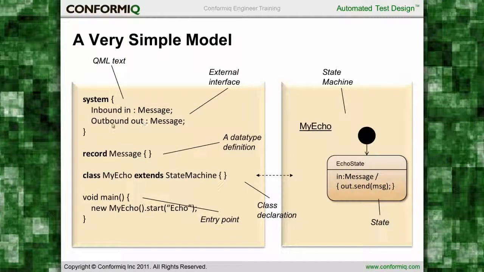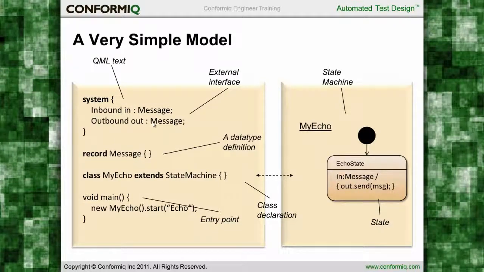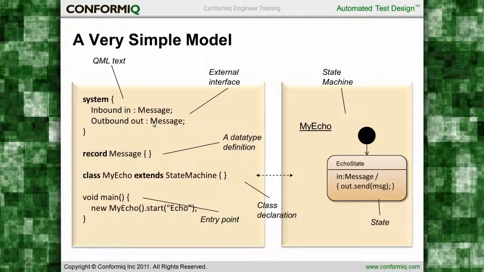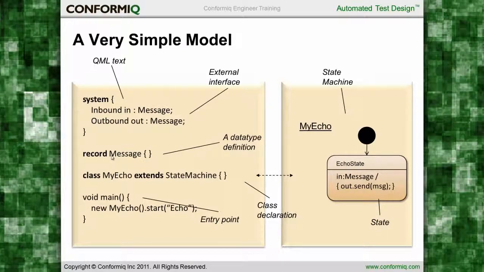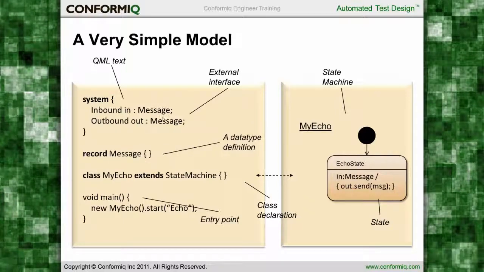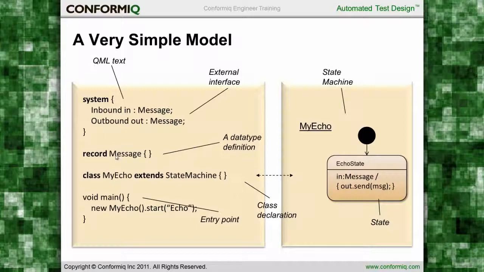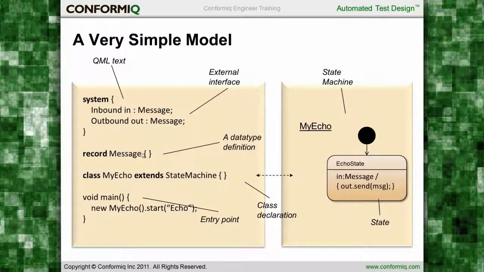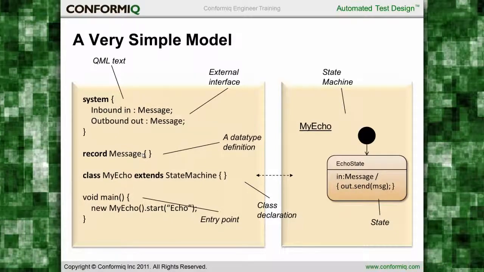Then it has one outbound interface where it can send the same messages. So it gets a message, sends a message out. Here we have then defined this message which we are referring to here in the system block as a record. A simple record, no data, just a signal kind of a data type definition.